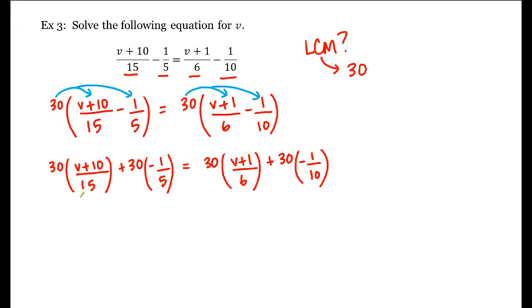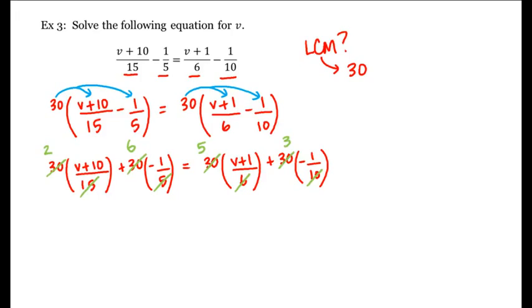Now 15 goes into 30 2 times, so we'll have a 2 left here. 5 goes into 30 6 times, so we'll have a 6 left here. 6 goes into 30 5 times, so we'll have a 5 left here. And 10 goes into 30 3 times, so we'll have a 3 left here.